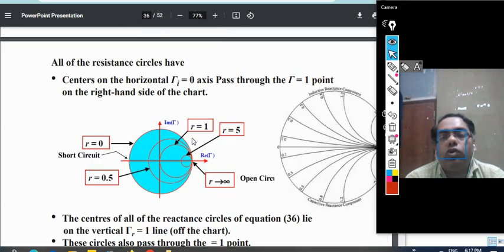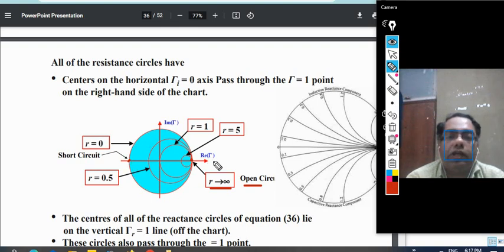Now on this Smith chart, the extreme right point indicates R as infinite, which means open circuit, whereas the extreme left point indicates R equal to 0, which means a short circuit. This R equal to 1 circle that you can see, R equal to 1 means what?